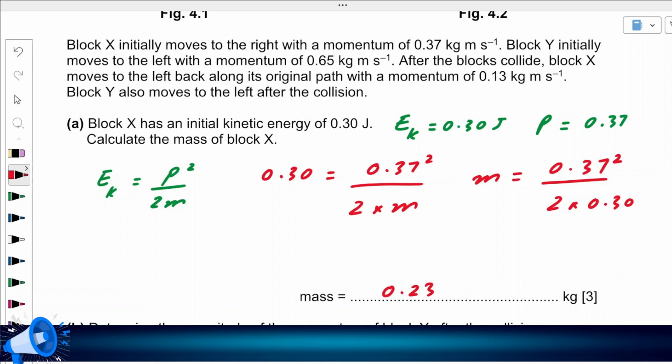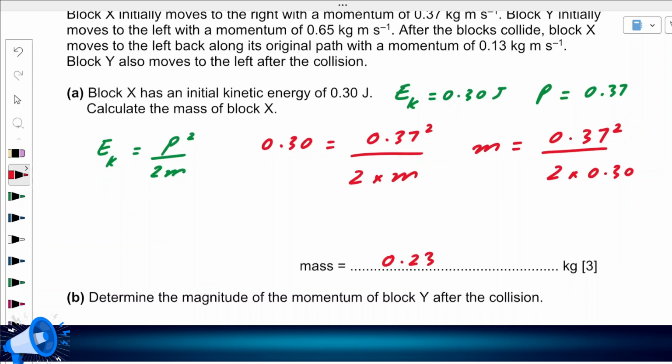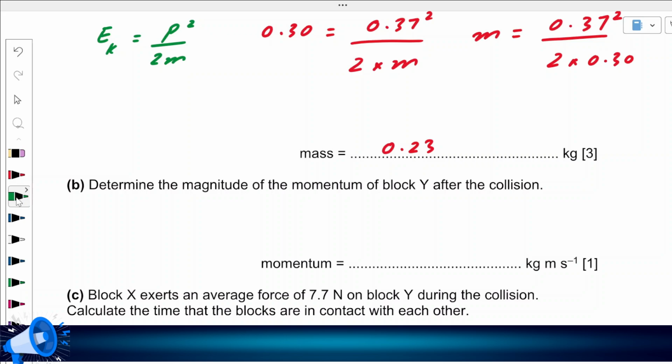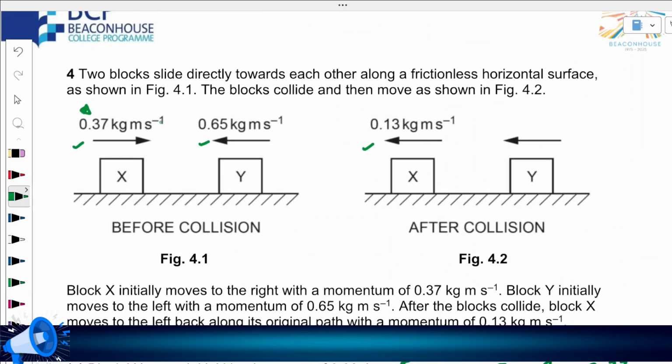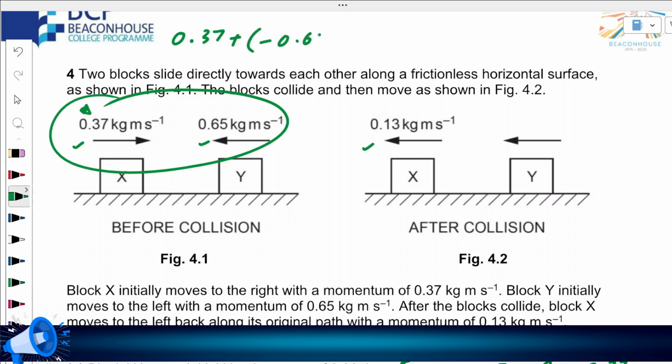Calculate the magnitude of the momentum of block Y after the collision. So the easiest one: momentum after collision equals momentum before collision. So the total momentum before equals the total momentum after. What is the total momentum before? 0.37 plus the negative of 0.65.